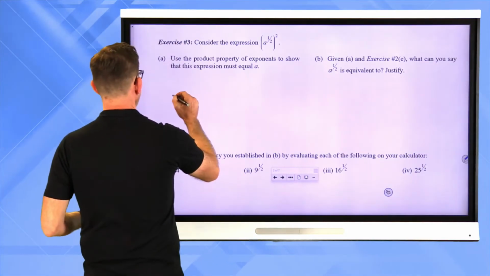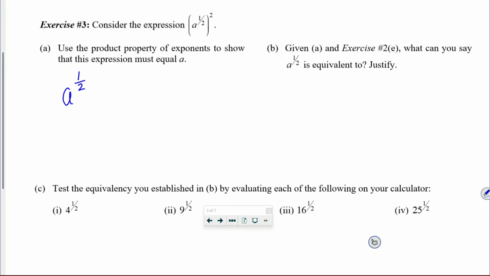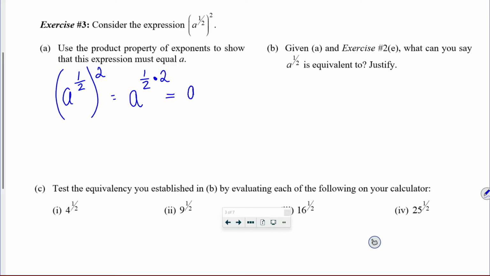In other words, a to the 1/2, no matter what that means, raised to the second, has got to be a to the 1/2 times 2. And of course, a to the 1/2 times 2 is a to the first, and that's just equal to a.